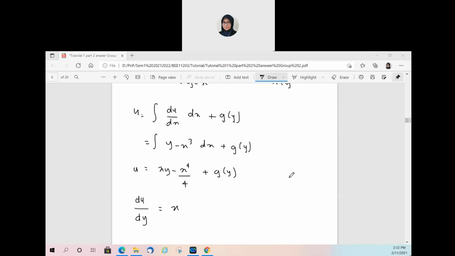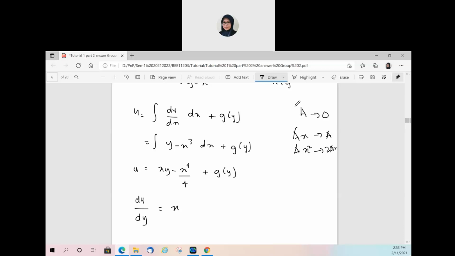If you have a and differentiate with respect to y, you get zero. If you have ax and differentiate with respect to x, you get a. If you have ax^2 and differentiate with respect to x, you get 2ax.